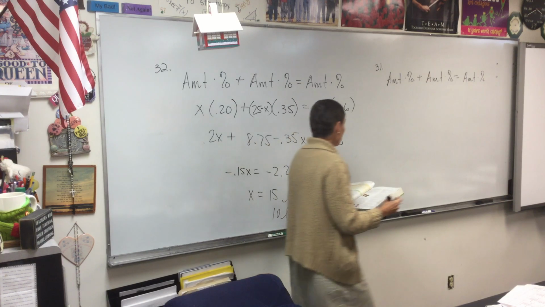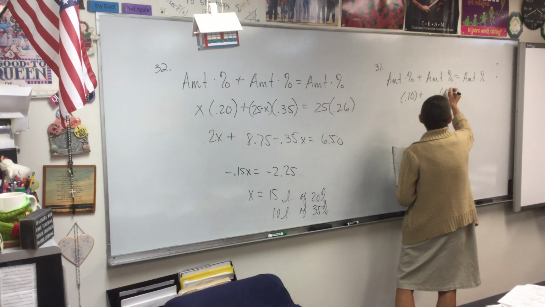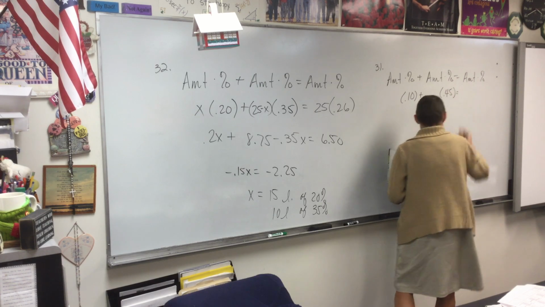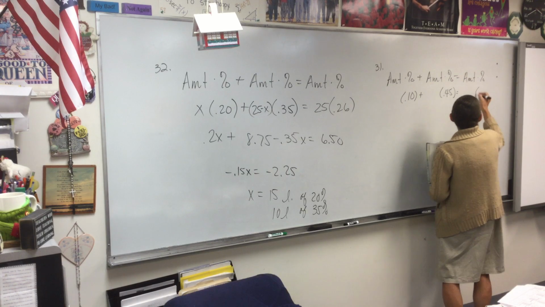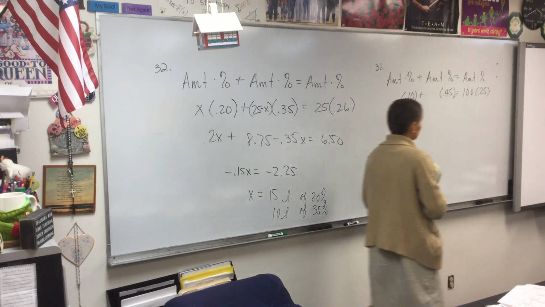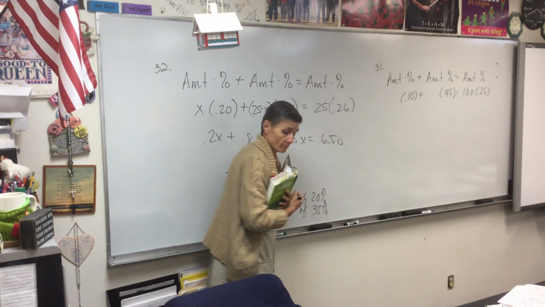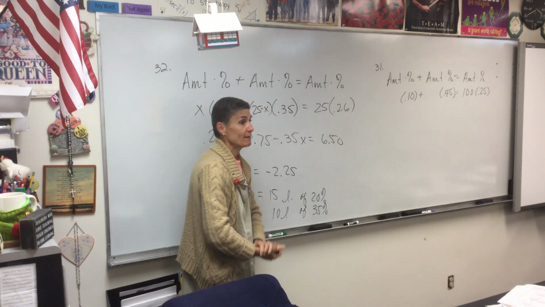How much 10% solution and 45% solution to get a 25% solution and 100 gallons of it? Does that look okay? So far I haven't even had to think.